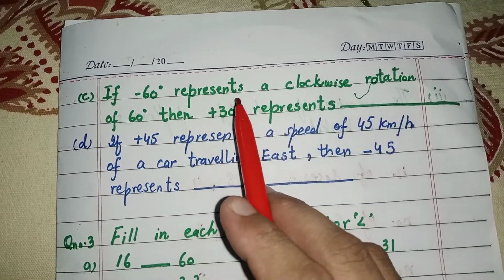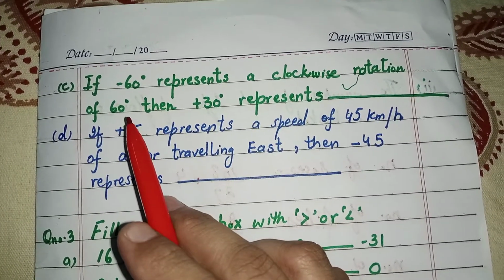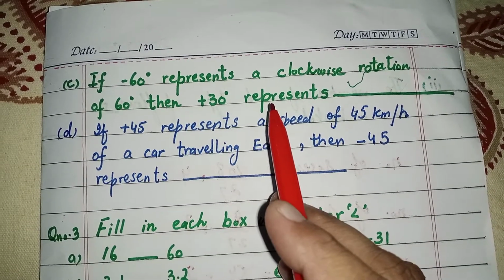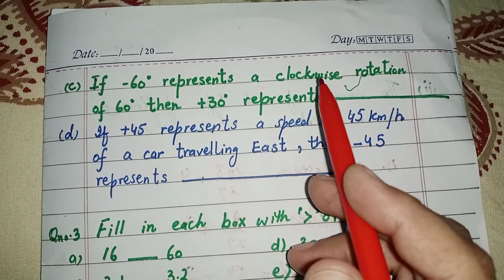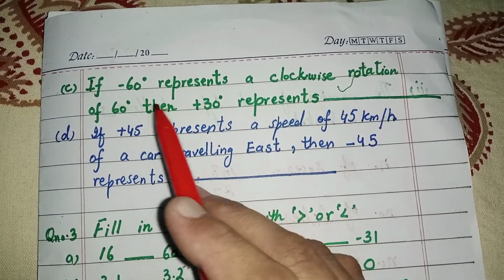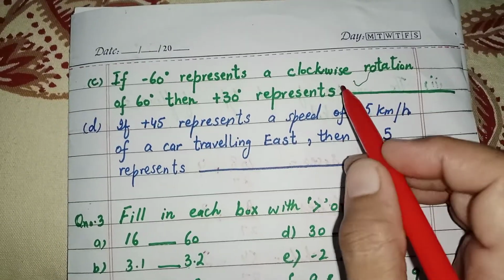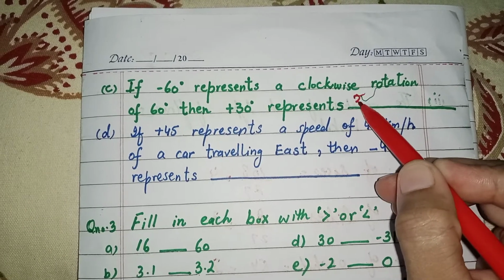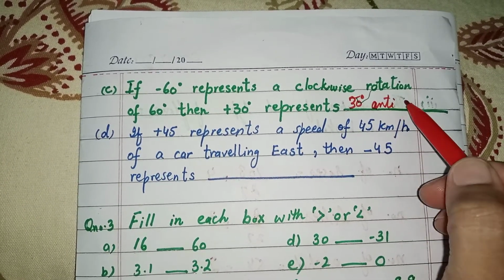If minus 60 represents a clockwise rotation of 60 degrees, then plus 30 degrees represents, dear student, minus 60 represents clockwise rotation and plus is the opposite of minus, so plus 30 degrees represents 30 degrees anti-clockwise rotation.